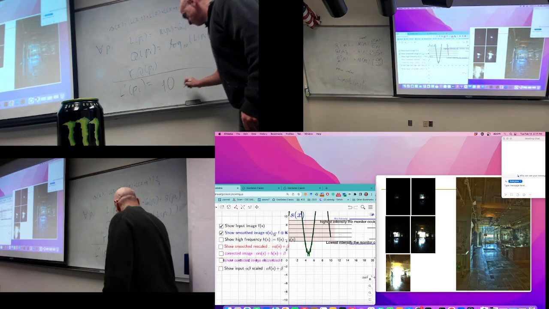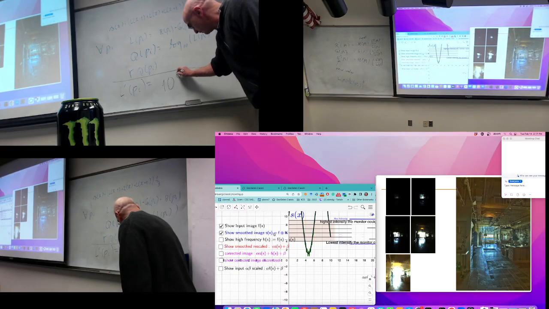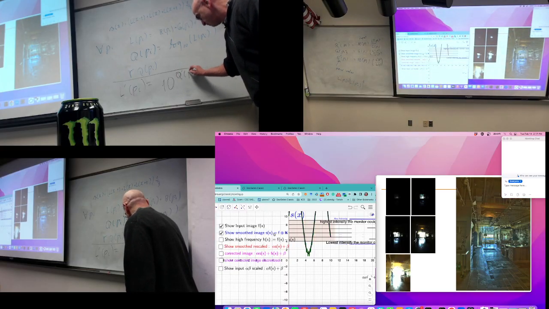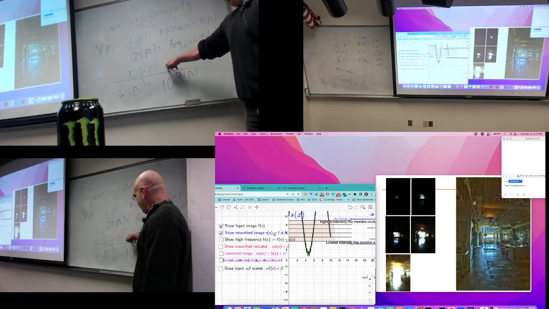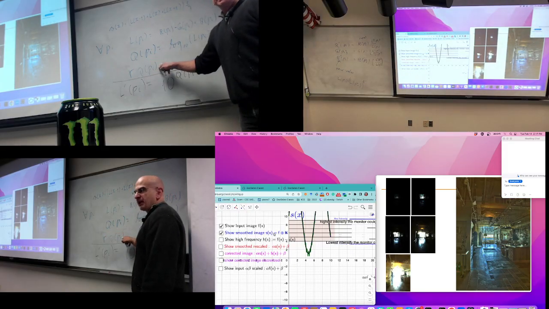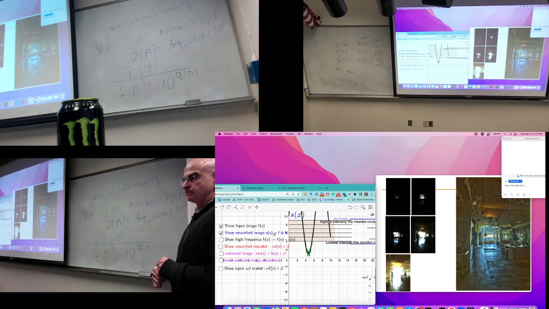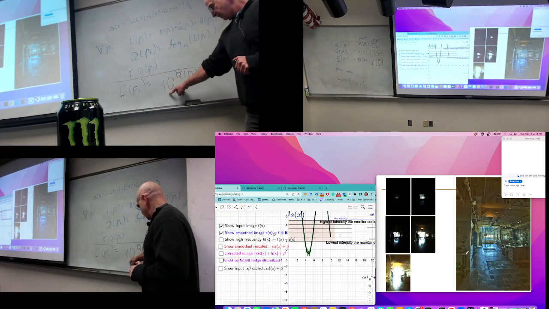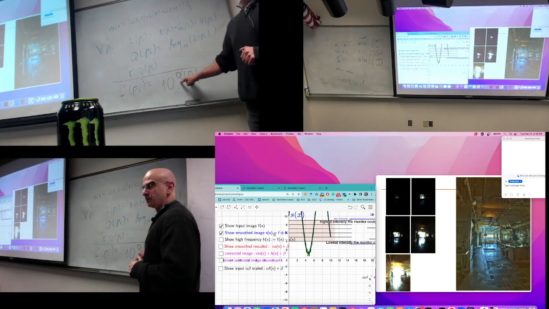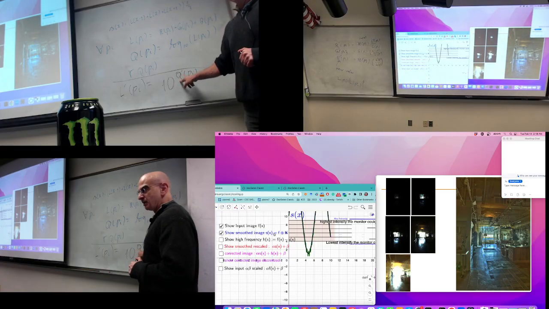I'll take 10 to the new value of Q prime of p. Now, if I multiply Q of p by gamma, how does it affect L of p? It will be 10 to the gamma Q prime. But what is 10 to the gamma Q prime?